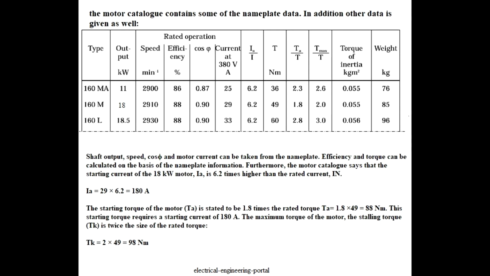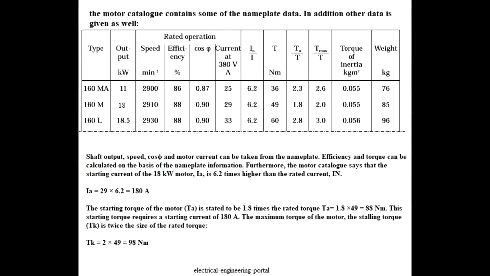Furthermore, the motor catalog says that the starting current of the 18 kW motor, IA, is 6.2 times higher than the rated current: IA equals 29 into 6.2, which is 180 ampere. The starting torque of the motor, TA, is 1.8 times the rated torque: TA equals 1.8 into 49, which equals 88 Newton meter.